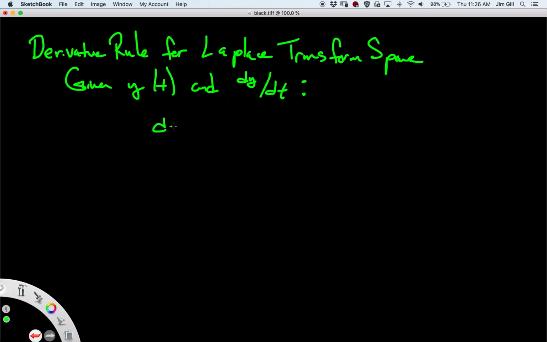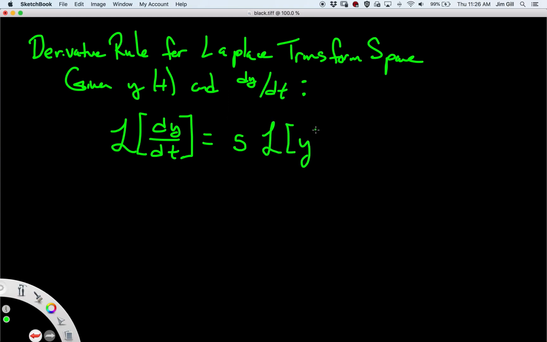If we look at the derivative of y and decide to take its Laplace transform, what we get is s times the Laplace transform of the original y minus the original value of the function y at 0.